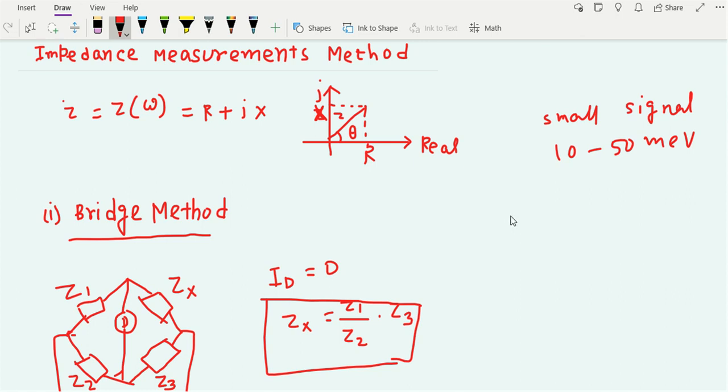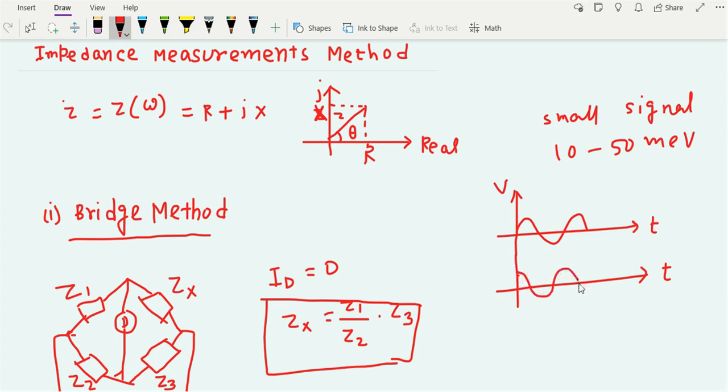What does that mean? That means if you apply a sinusoidal voltage with respect to time, and in response you measure the current, that signal should also be sinusoidal. There may be a phase shift, but the frequency should be the same.